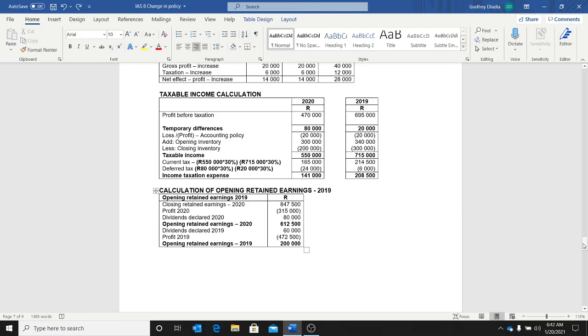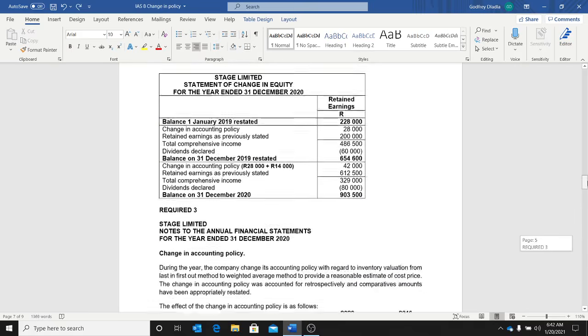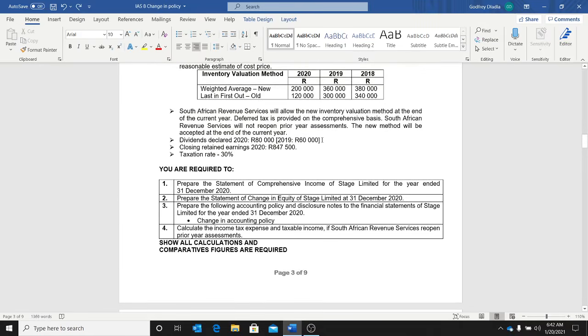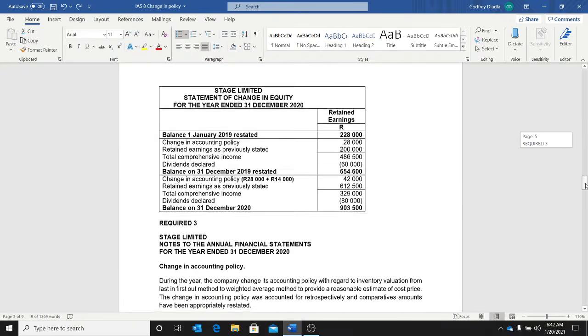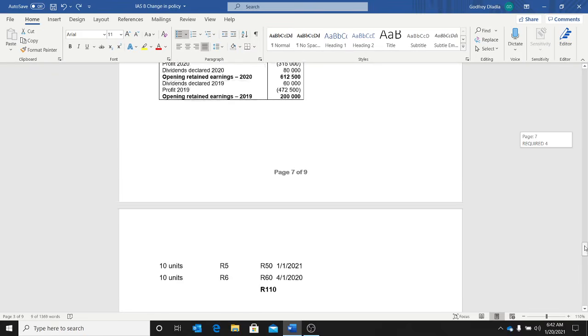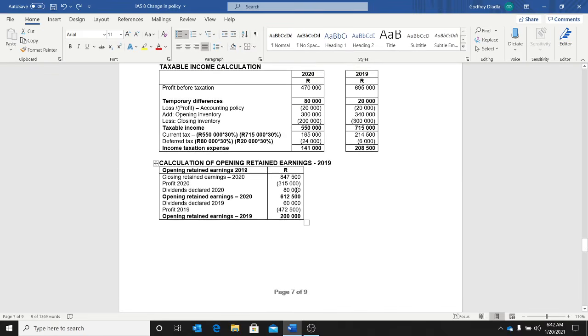Right. Remember, in the question here, they've shown us dividends. Here they are. So for 2020 is 80, for 2019 is 60. Remember, dividends, if you are doing them in a normal way, it's a minus when you are doing the statement of change in equity in the normal way. So you'll see they come in as a positive figure here.